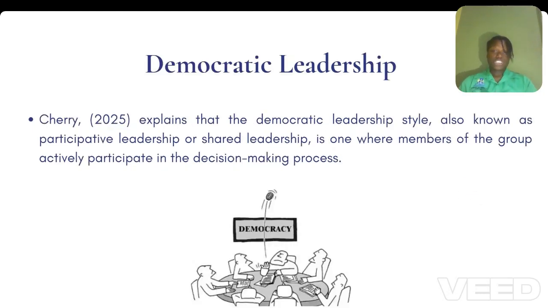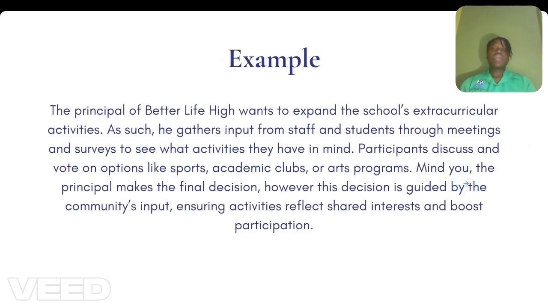Now, the next leadership style is the democratic leadership style. The democratic leadership style, which is also known as the participative leadership style or shared leadership, is one where members of the group are actively participating in the decision making process. So, we have a principal here at Better Life High who wants to expand the school's extracurricular activities.